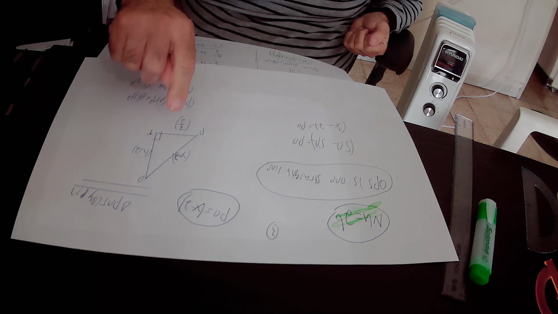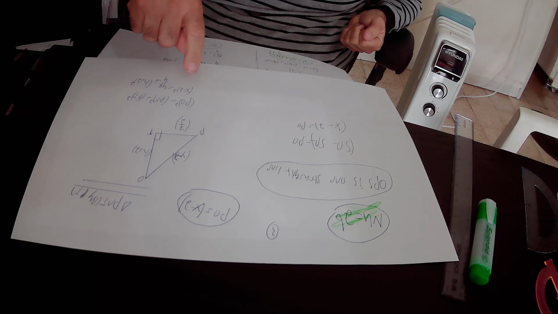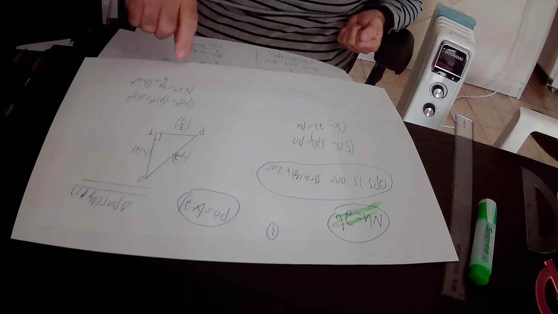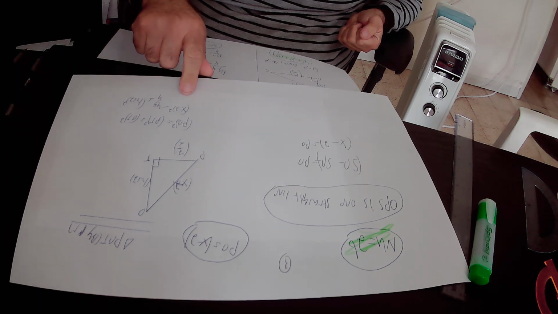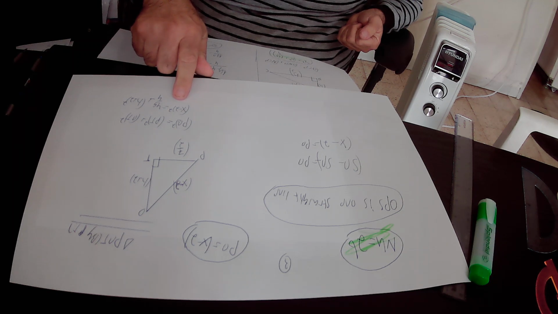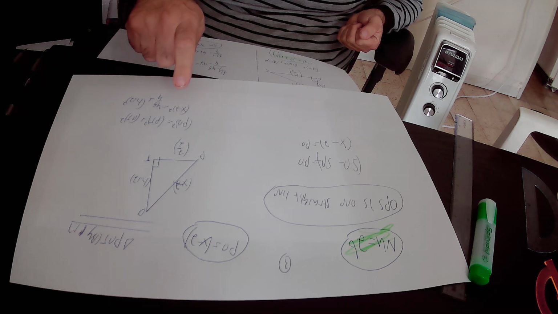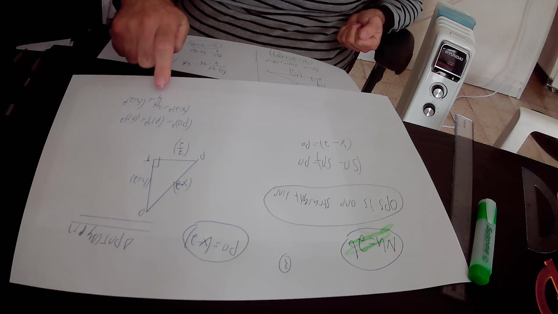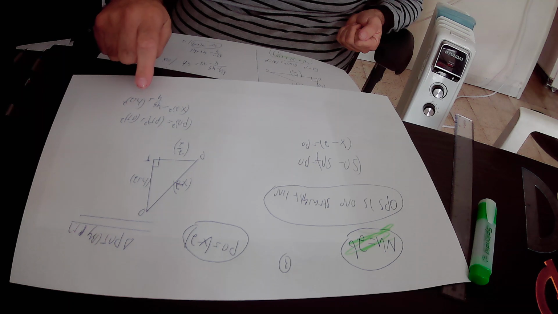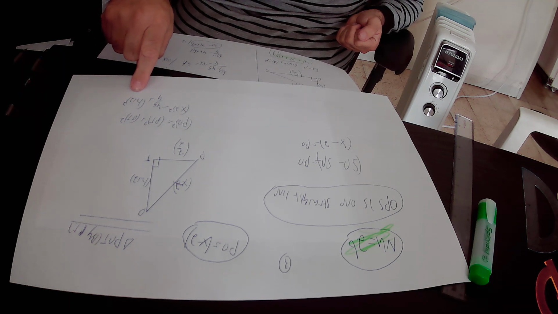According to the Pythagoras theorem in the right triangle POT, PO square equals PT square plus OT square. PO is x minus 2, therefore PO square is x minus 2 all squared, and it equals PT square. PT is 7 over 2, therefore PT square is 7 over 2 squared, plus OT square. OT is h plus 2, therefore OT square is h plus 2 all squared.